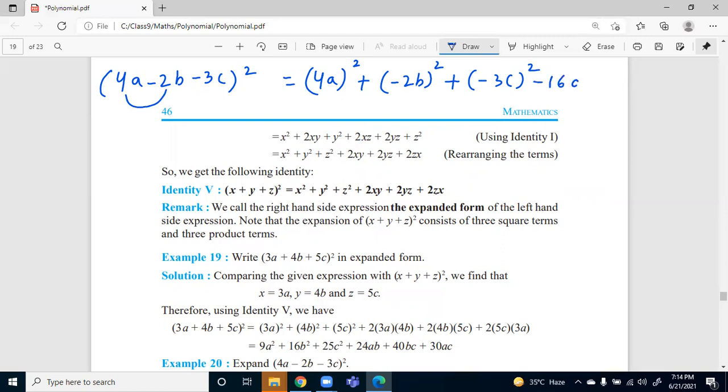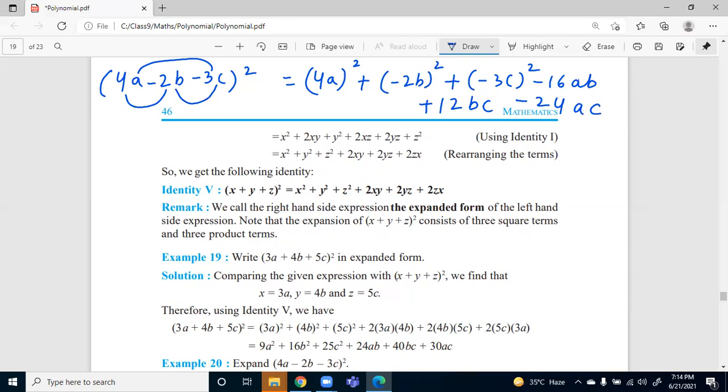So here comes the difference, the minus sign is visible. Now you multiply the next 2 terms. Minus and minus, when multiplied, is plus. 3 into 2 is 6, 6 into 2 is 12, so it is plus 12bc. And for the last two terms, plus and minus when multiplied give minus: 12 into 2 is minus 24ac.